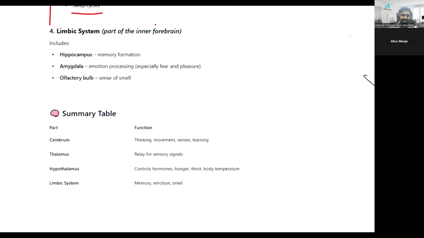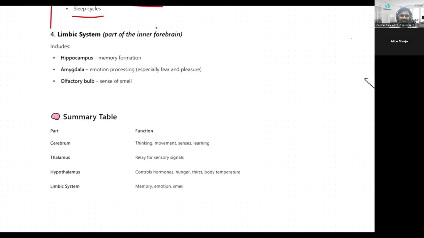The limbic system is also a major portion of the forebrain. It has three main parts: hippocampus, amygdala, and olfactory bulb. The hippocampus is involved in memory formation and memory storage. It is also important for learning. The amygdala is involved in emotional processing like fear and pleasure, because some neurons that are excited are interpreted and present in the amygdala portion, which is a major portion of the limbic system, and the limbic system is a part of the forebrain.